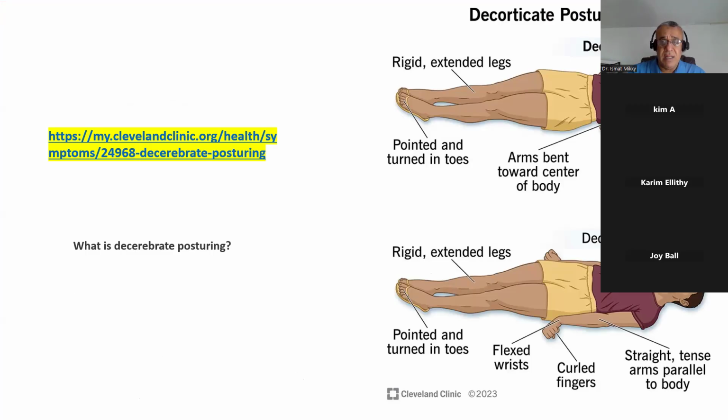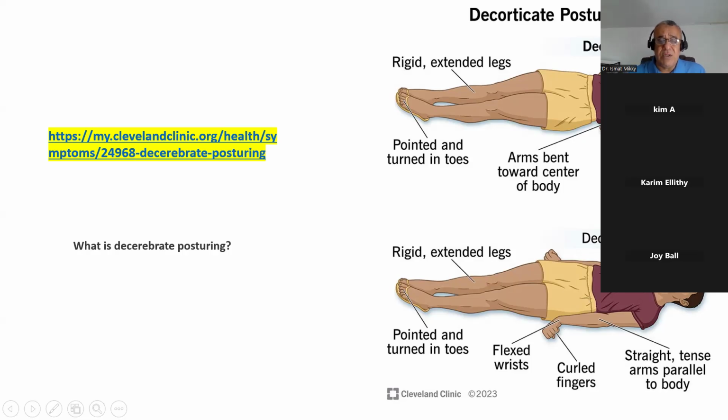So internal is decorticate, external is decerebrate. It's both actually. Both legs are extended, rigid extended, the same for both. The only difference between decerebrate and decorticate is that decorticate is inward for the contraction of the arms and hands, and decerebrate is outward.